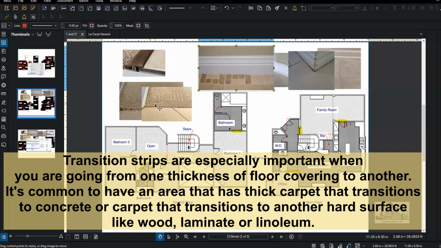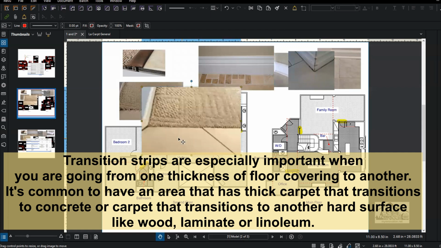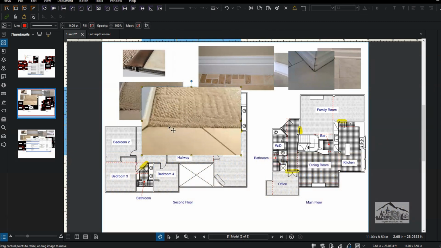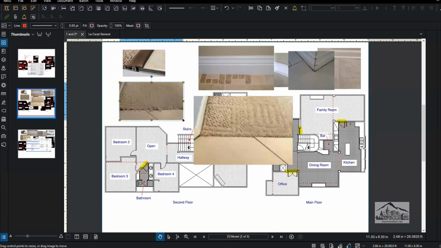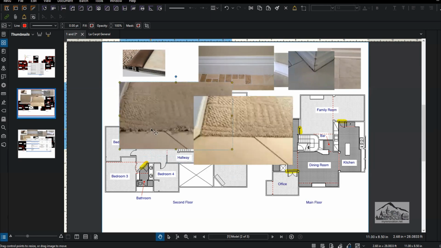Some installers or some people think, oh no, you don't need this T-mold. What they do is put in the tiles and then install the carpet right up against them, and it looks great. But guess what? You keep walking from the tile to the carpet, and after a while, that's exactly what's going to happen to your carpet. You see here?